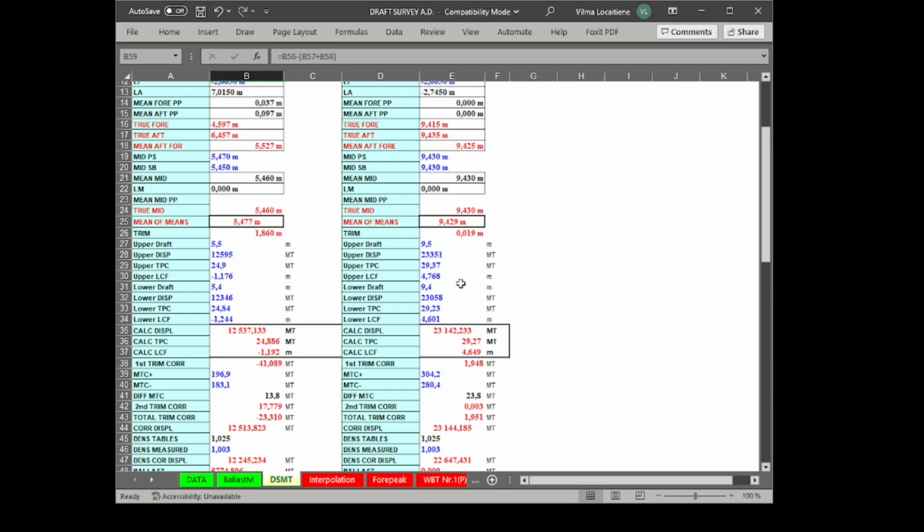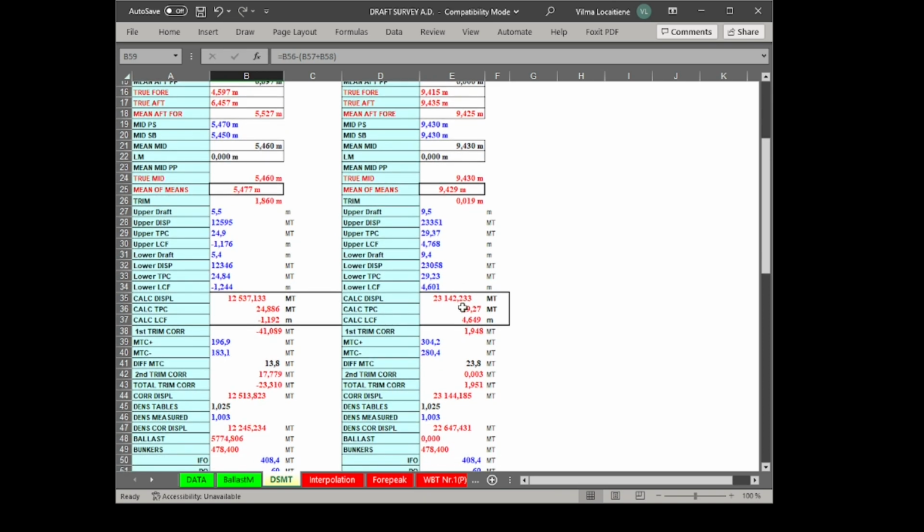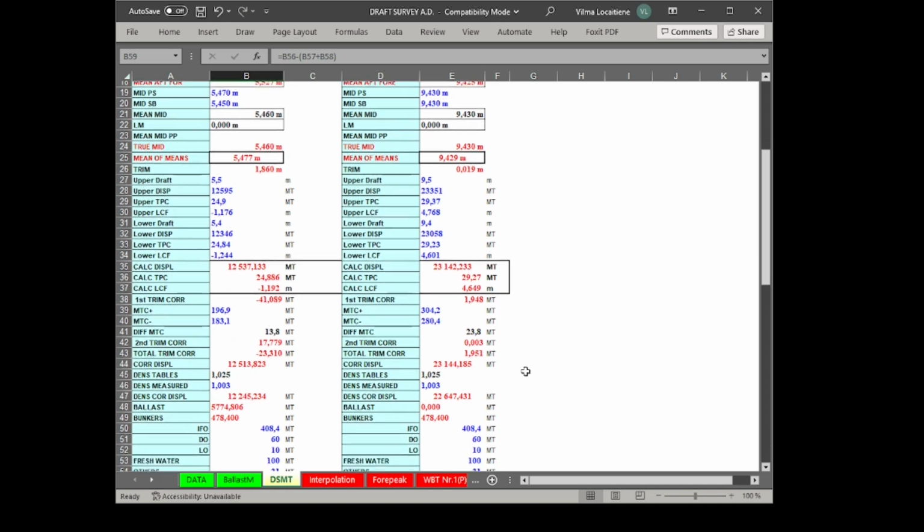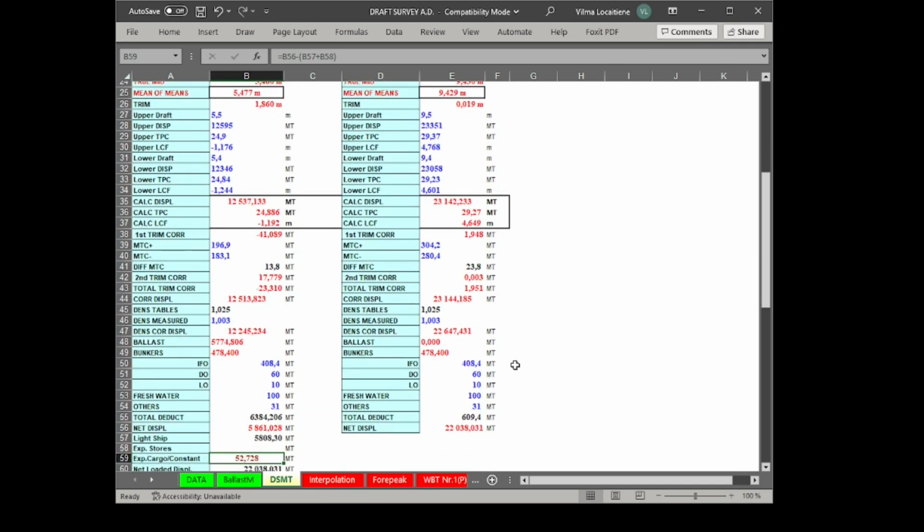And there you can see that we first found the gross displacement, and after that all consumables and ballast water quantity were subtracted from the gross displacement, and finally we found the net displacement.